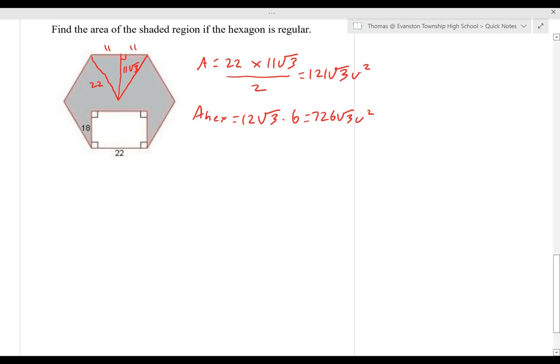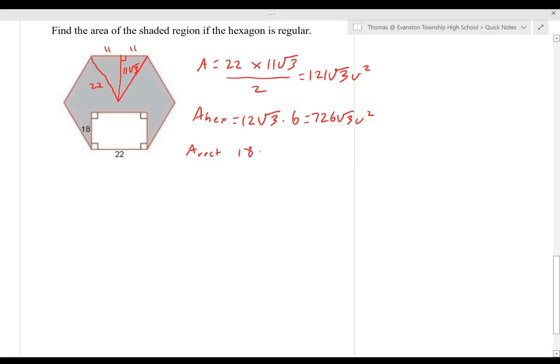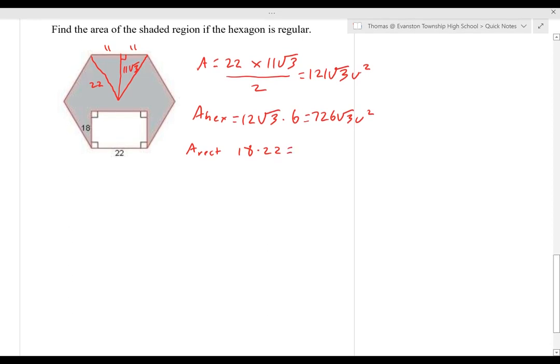Now the area of the rectangle, which we can take off the area of the hexagon, is just base times height, not dividing it by 2, and that gives us 396 units squared.